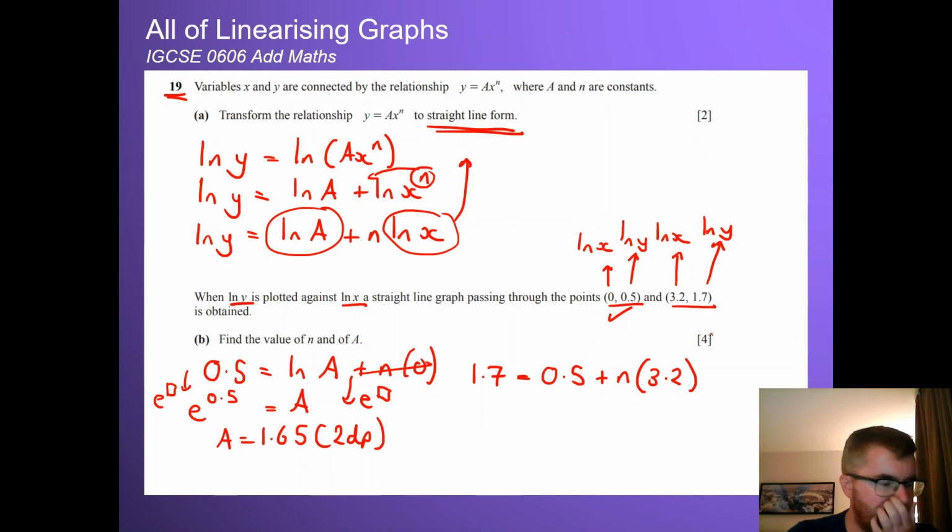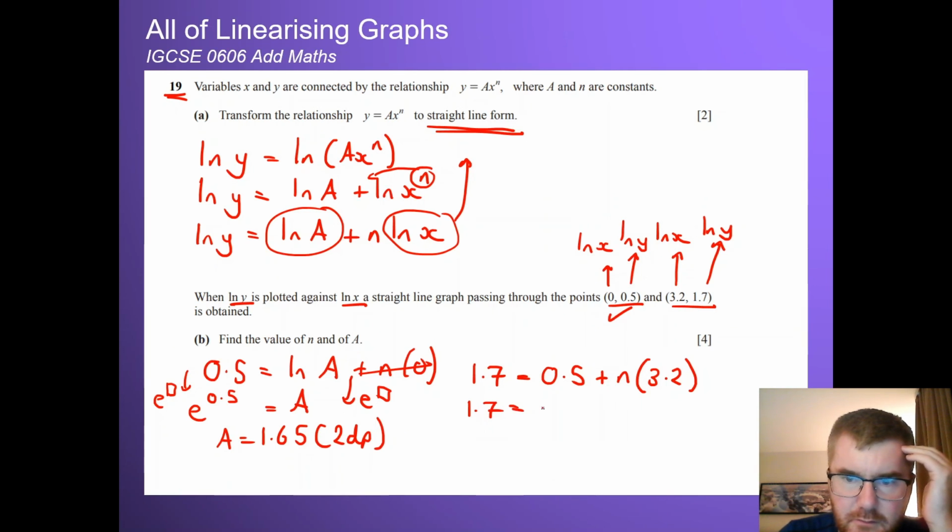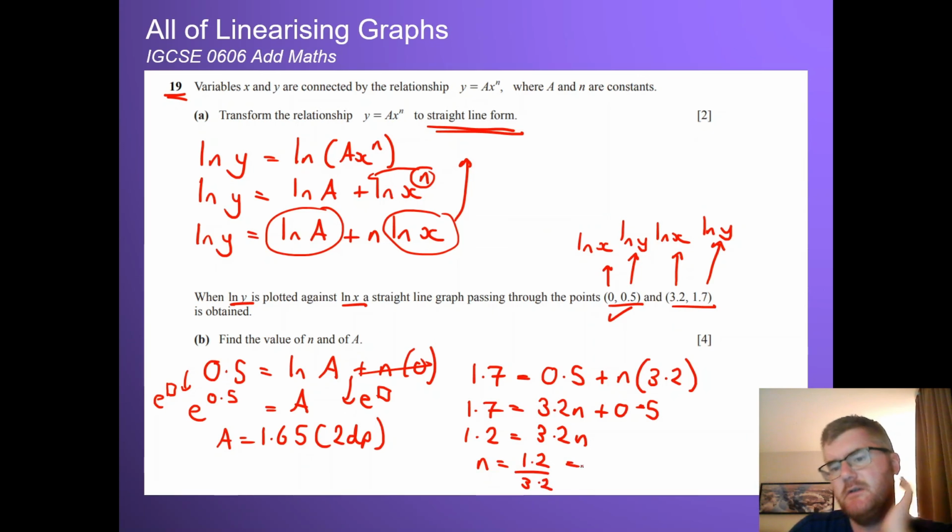So that's just an equation to solve here. That gives us 1.7 equals 3.2n plus 0.5. So that gives us 1.2 is equal to 3.2n. So n is equal to 1.2 over 3.2.